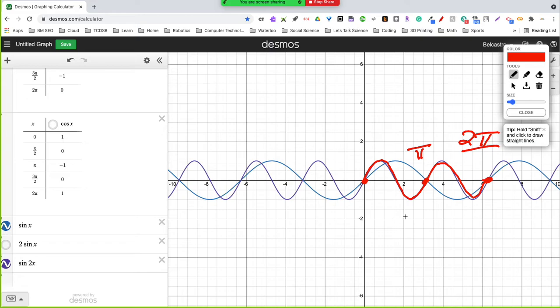So all of our x values have been changed by the value of 2 here. Think of it like this: if the final x value here was 2 pi, we divide that by 2, which was that value down there, and 2 pi divided by 2 gives us the value of pi. So we take all the x coordinates, whatever they were.